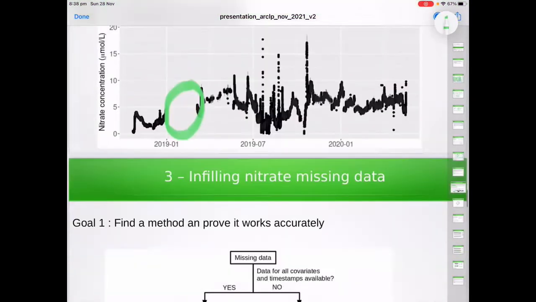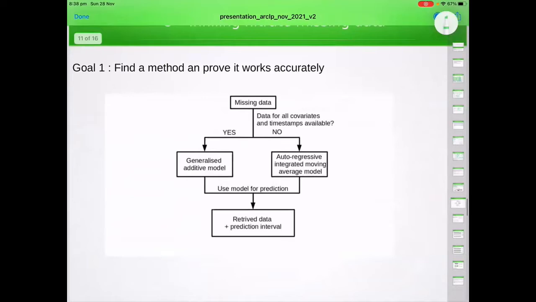Okay, so what is our method doing? First of all, for each missing data point, we look at whether, at this specific time, there is missing data in the covariate variables. The first question is whether the data for all the covariates are available.